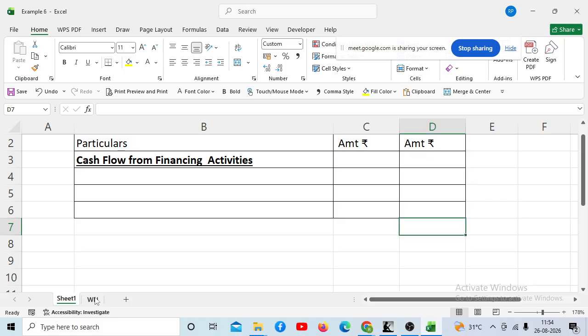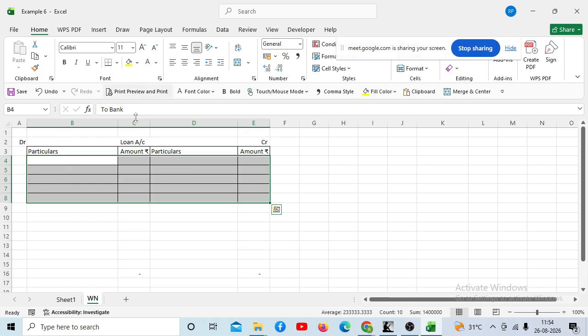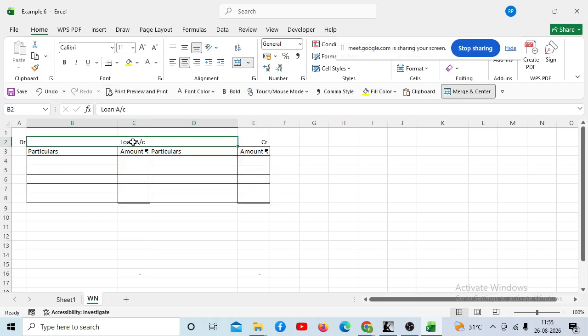So we have to prepare one account, that is the loan account, or you can say long term loan account. Even if you write loan account, it is fine. Or let me write it completely: Long term loan account.